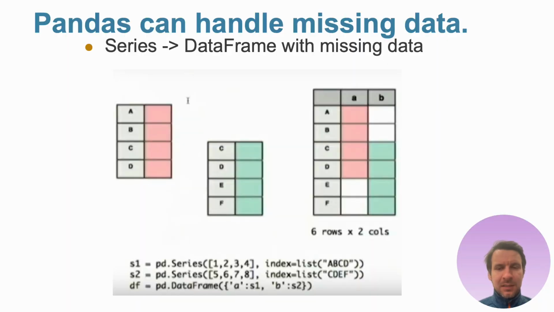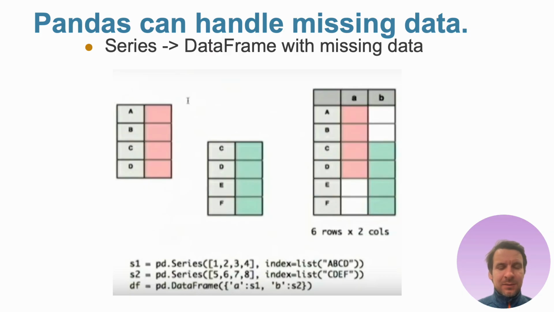If you have several series, you can put them together into a data frame. So here is an example where there are two series, S1 that has index A, B, C, D, and series S2 that has index C, D, E, F. And you can create a data frame where you have two columns, A and B. Right? You can see that you are initializing the data frame by a dictionary.